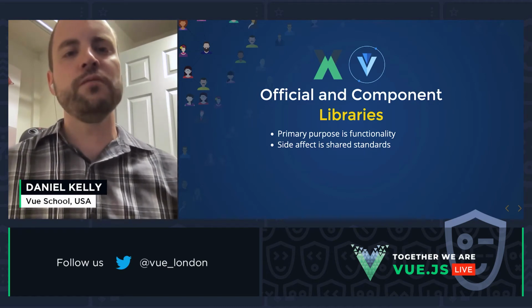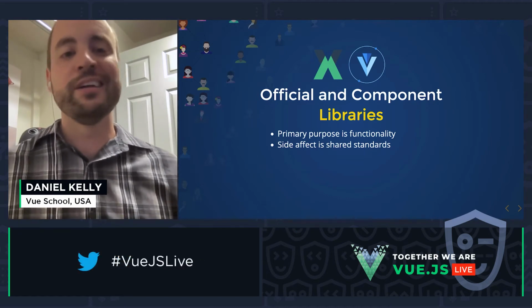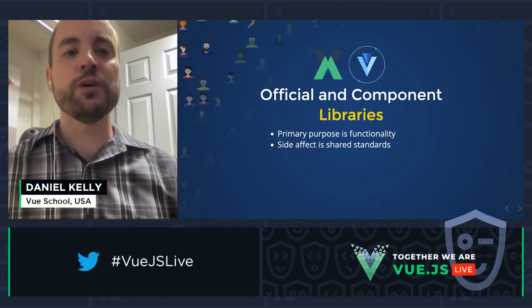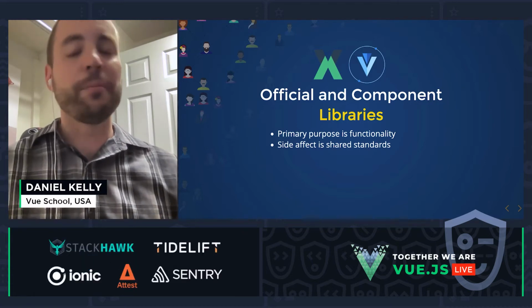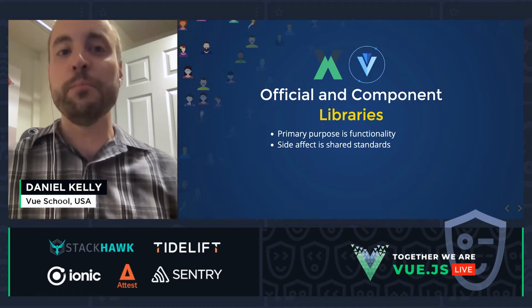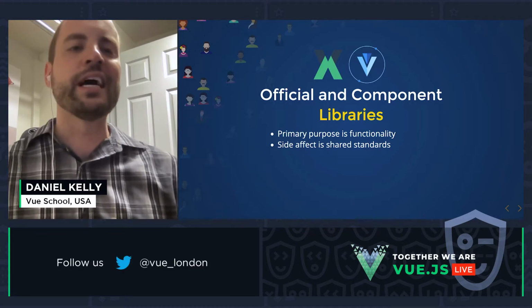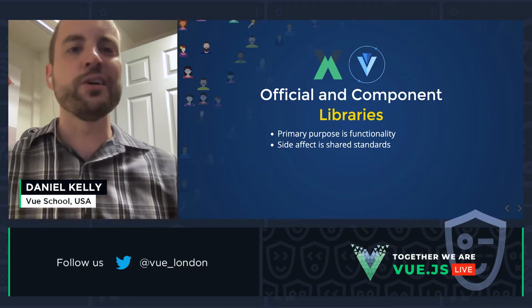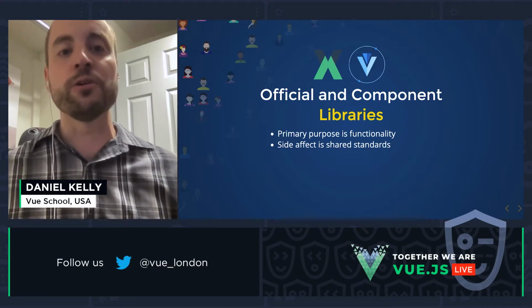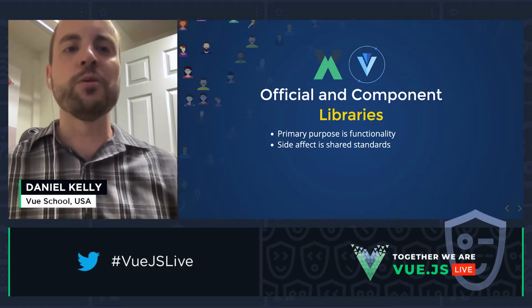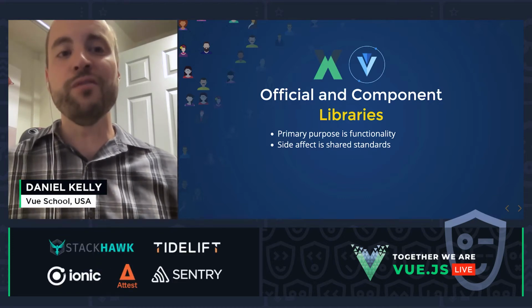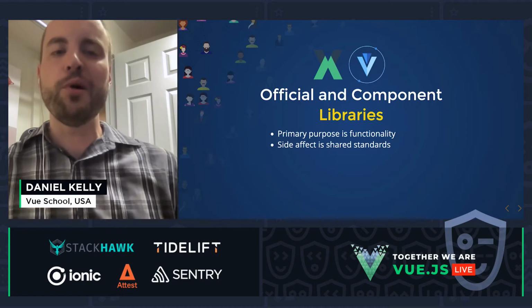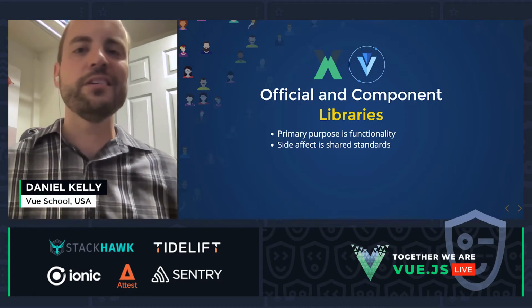If you end up using Vue Router as your routing solution for your Vue.js project, you're not just opting in to a package, you're really opting into a community of people who use the exact same package, and therefore you're able to interact with others all across the world who are knowledgeable and familiar with that package. So that's part of what these official libraries and these component libraries provide for us, is this set of standards to follow.